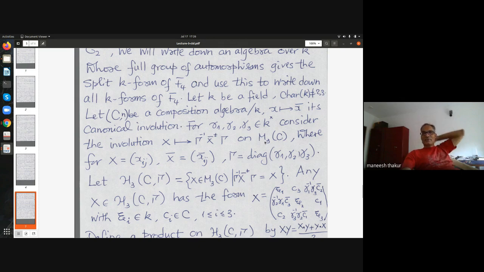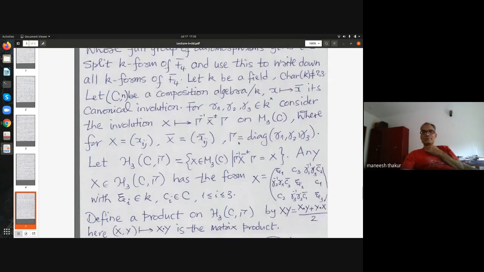This is a very strange ring, highly non-associative, unless C is of dimension 1, 2 or 4. So you have an involution there. What we do is look at Hermitian matrices with respect to that involution.